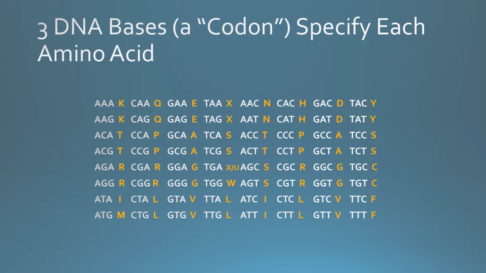So the way that works is that every 3 bases of DNA, which is called a codon, specify a particular amino acid or a stop codon. And this is the genetic code that's been worked out many years ago.